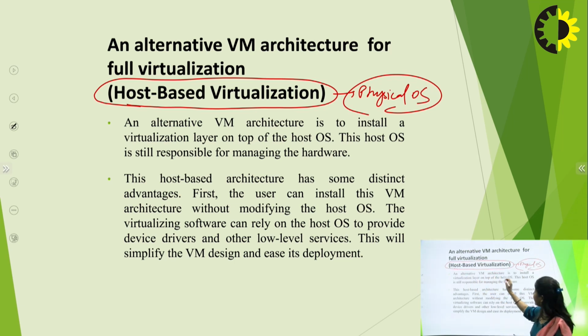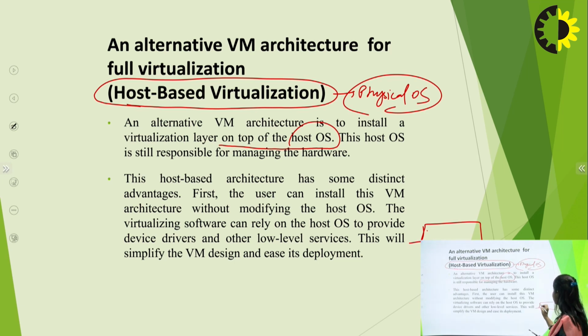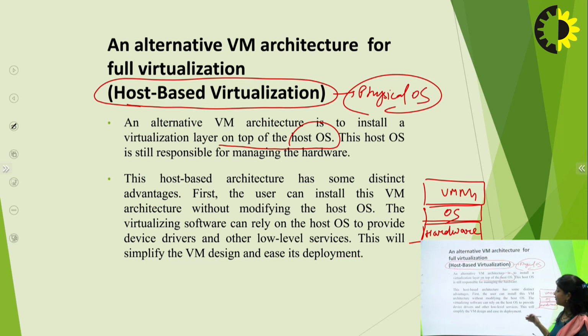So the alternative VM architecture is to install a virtualization layer on top of the host OS. At the bottom we have the hardware associated with my motherboard or my system, and above that we have the OS. That means we have installed one operating system directly on this physical hardware, and above that we have installed the VMM or hypervisor, and when the VMM is installed we can make different guest OSes here, VM1, VM2 up to VMN.